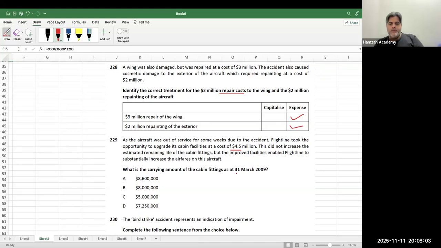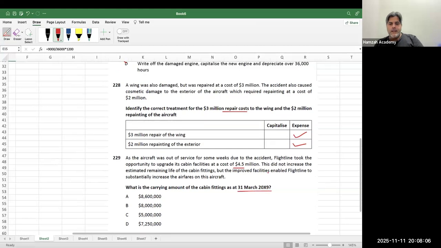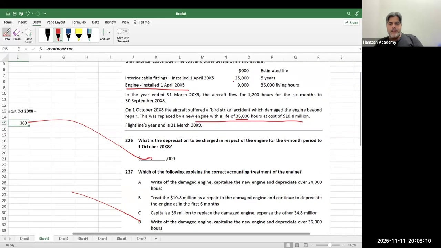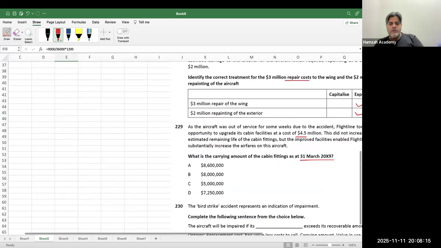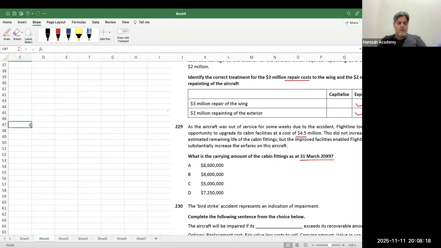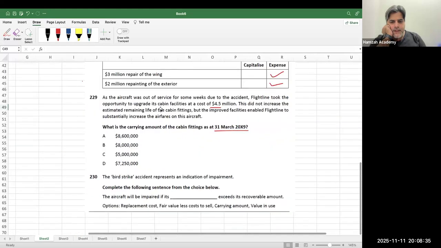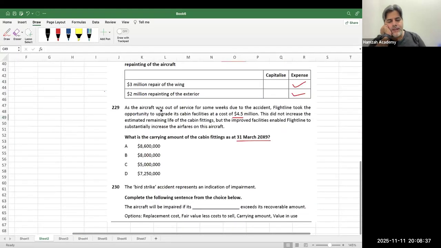So what is the carrying amount of the cabin fittings at 31st March 20x9? Okay, the year end is 31st March 20x9. So we have the interior cabin 25 million over here. Cost is 25 million. Life is 5 years. And it was installed on 1st April 20x5. Now the year end is 31st March 20x9.